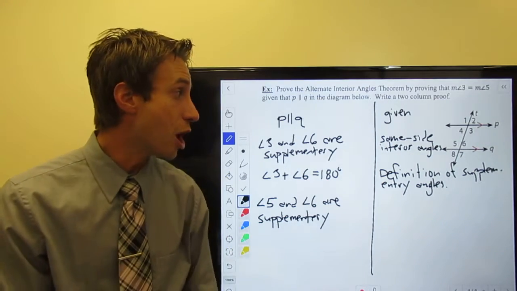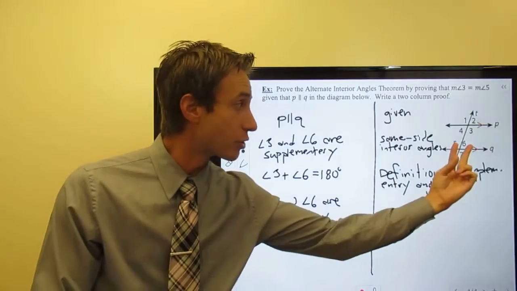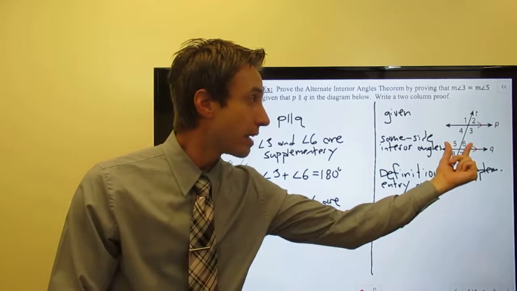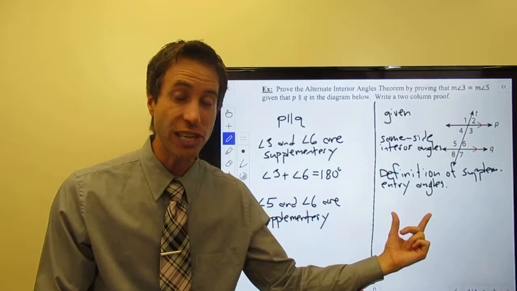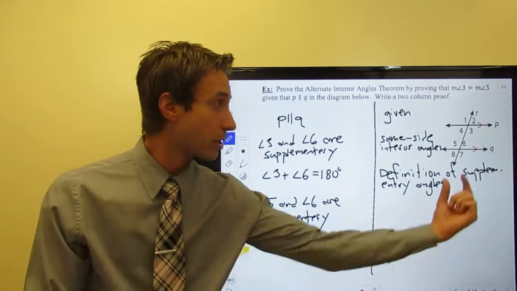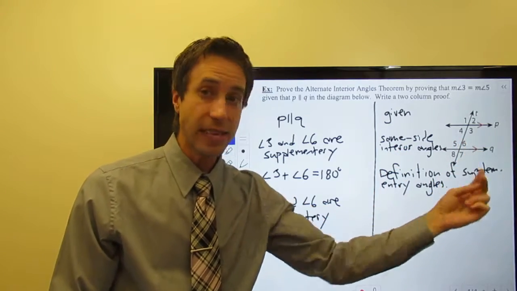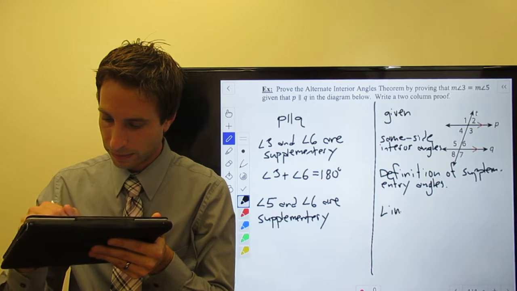Now, I don't know that angle 5 and angle 6 are supplementary because of same side interior angles. These are not same side interior angles. How do I know they're supplementary? Look, they form a linear pair. Careful, my justification here is the linear pair theorem, not same side interior angles. 3 and 6 are same side interior angles. 5 and 6 just form a linear pair. So this will be linear pair.